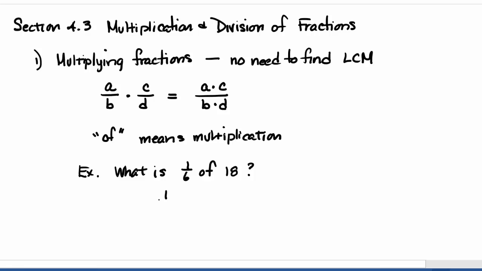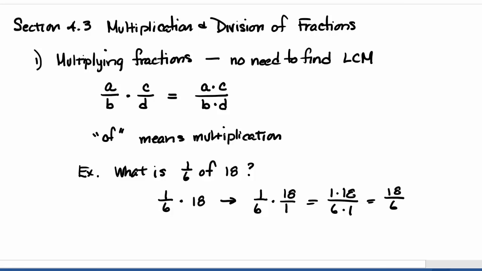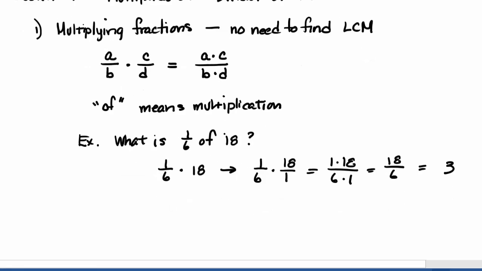All we're doing is taking 1/6 times 18, which, if we wanted to write a whole number as a fraction, is 1/6 times 18 over 1, which is 1 times 18 over 6 times 1, which gives us 18 over 6. And then we just simply reduce. 6 goes into 18 3 times. Okay.